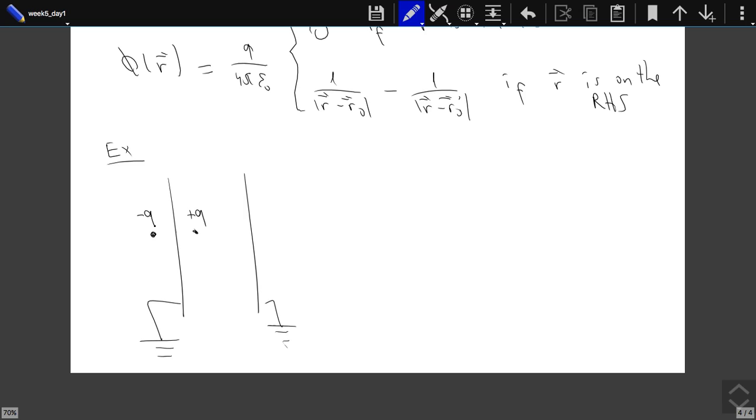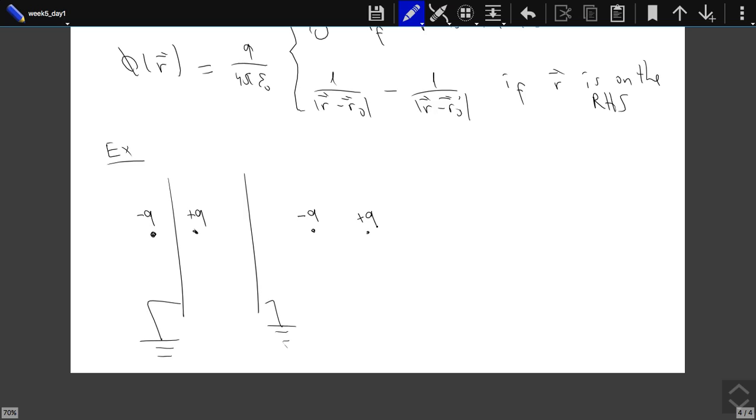For all practical purposes on this side of this plate, it will be as if I have two real charges only. This plate will see both of these charges, so it will create an image of both of them on the other side. So the plus Q will have a minus Q image, and the minus Q will have a plus Q image.